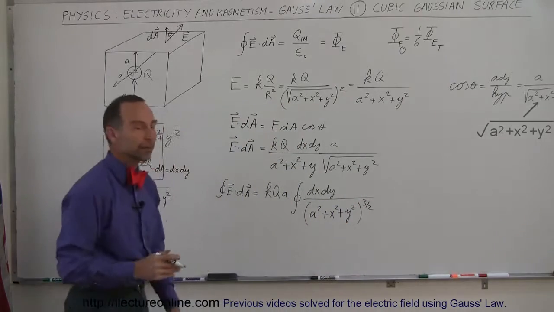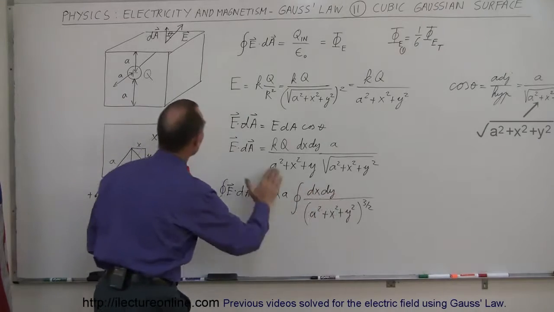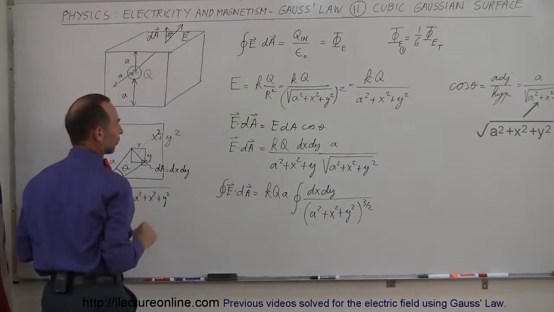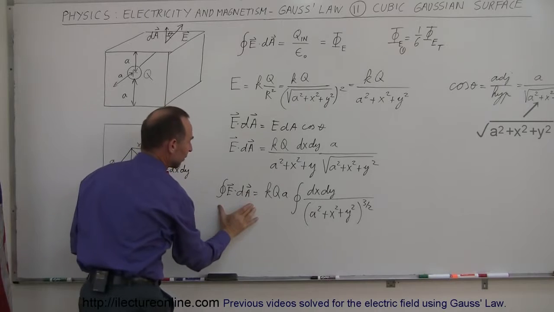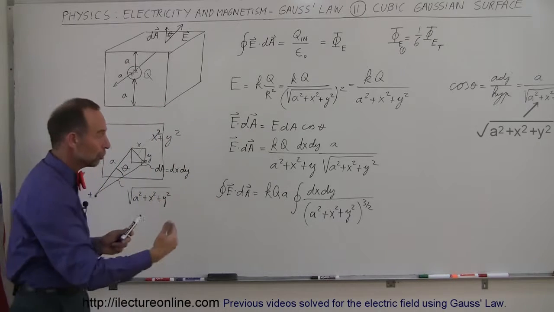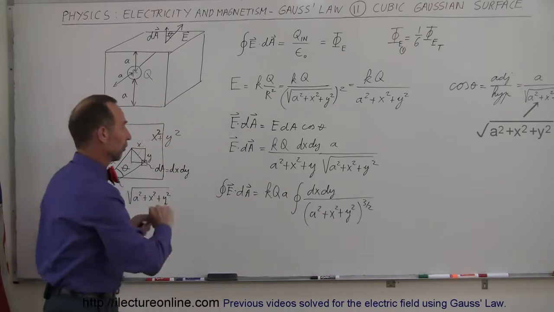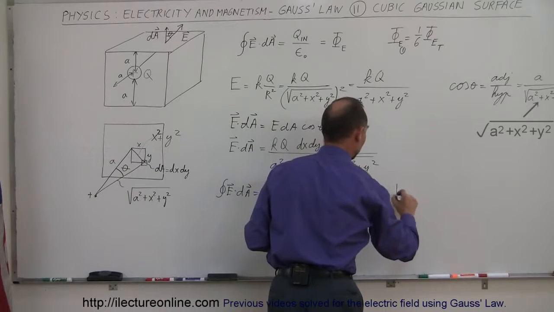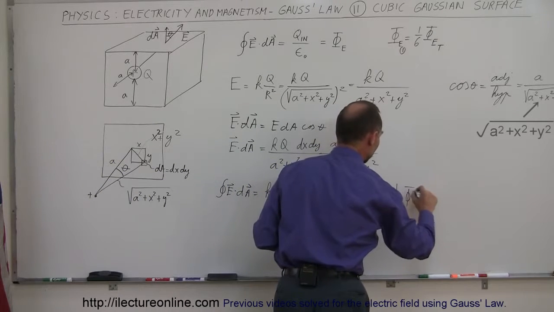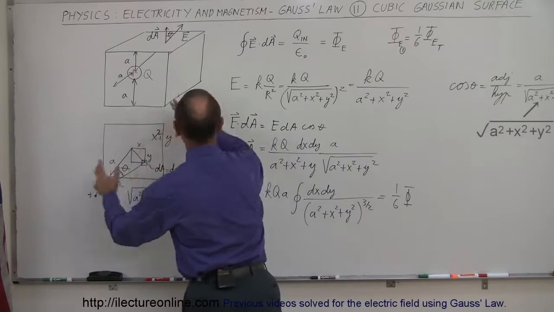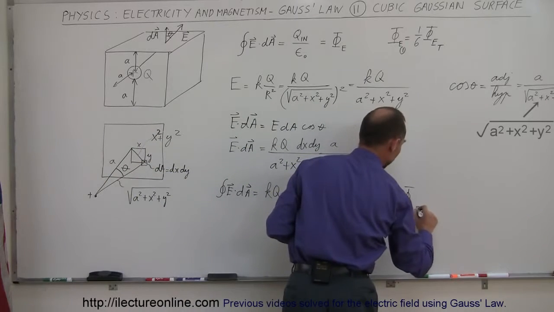And now this becomes a double integral over x and y to integrate over the entire surface. And of course, we know that this is equal to the flux through the surface, so that would be equal to 1/6 the total electric flux emanating from this charge.